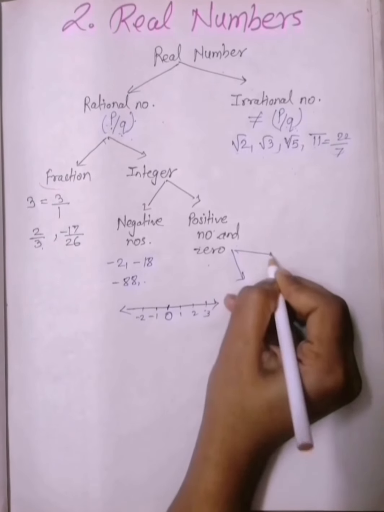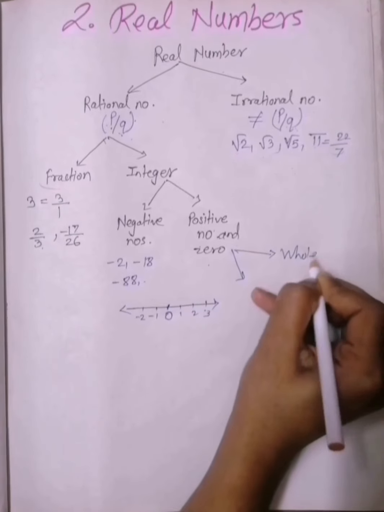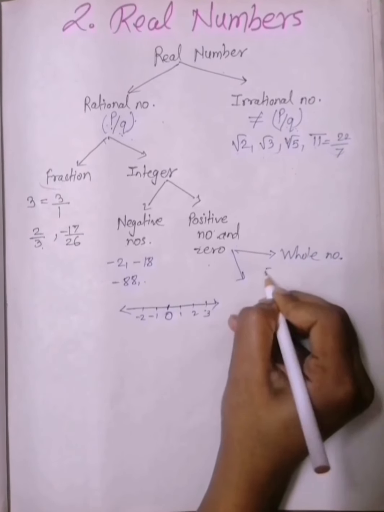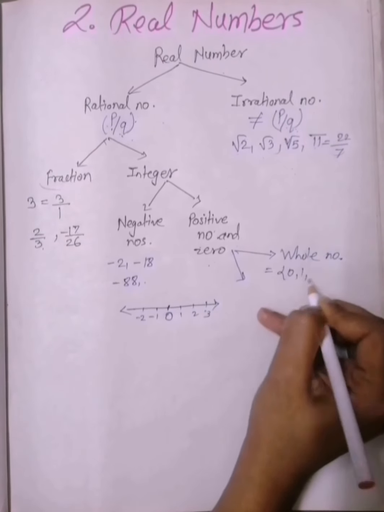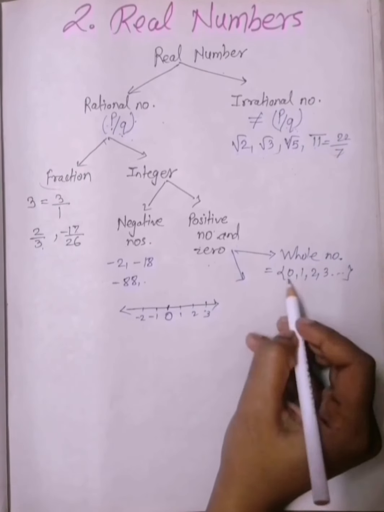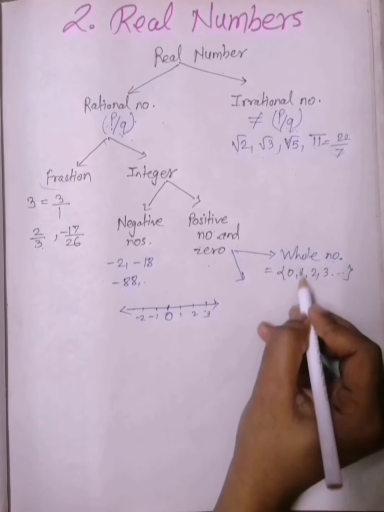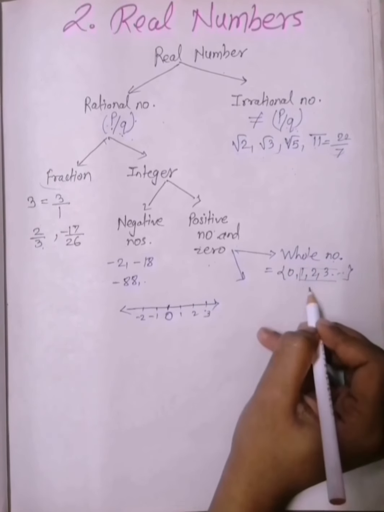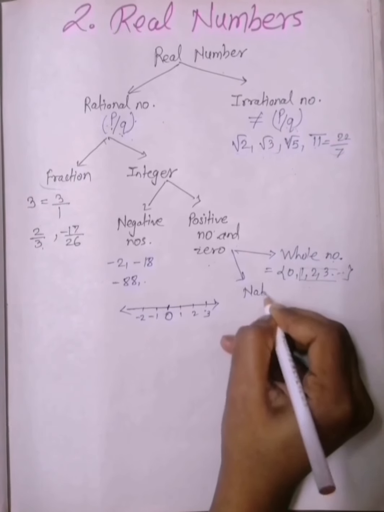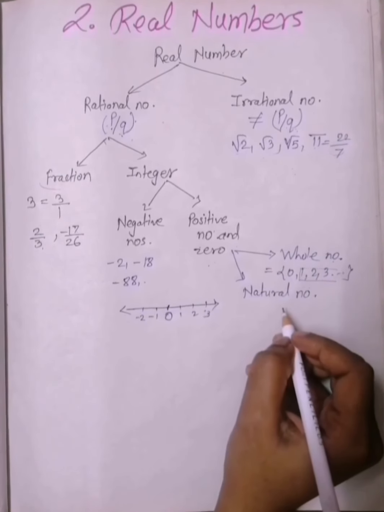Positive numbers also include the whole number. A whole number is the set of 0, 1, 2 and so on to infinity. Clear? Including 0 it is a whole number, and only positive numbers is a natural number. Clear, students? We learned that also in chapter number 1.